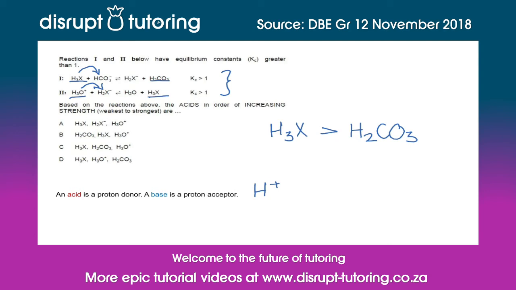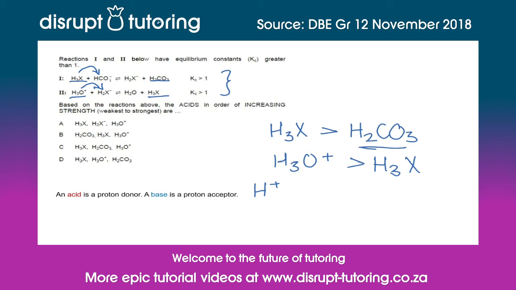Once again, from the equilibrium constant being greater than 1, we know that the left-hand side acid has ionized to a much greater extent than the right-hand side acid, so that means that H3O+ is a stronger acid than H3X. And if H3X is stronger than the carbonic acid, we have our acids in order of increasing strength.